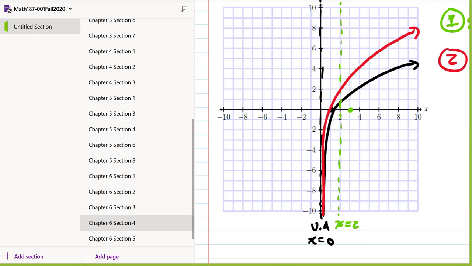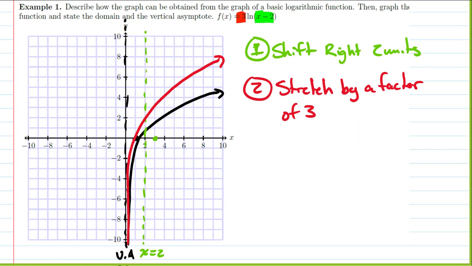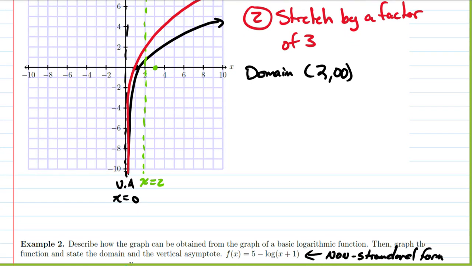When we analyze what's happening here, our vertical asymptote in example 1 moved 2 units to the right. So our domain is going to shift also 2 units to the right. Instead of starting at 0, we move it 2 units to the right to 2, and it goes up to positive infinity still. So we go from our vertical asymptote all the way to positive infinity.